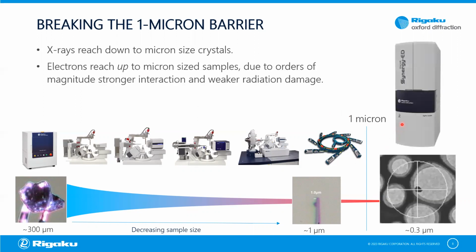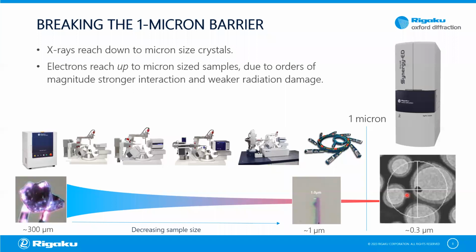Electron diffraction, on the other hand, has this barrier from the other side. So crystals that are larger than 1 micron, or significantly larger, essentially turn out to be sort of a beam stop for electrons, because electrons interact with any sort of matter up to 5 orders of magnitude more strongly than X-rays. So electrons allow to study crystals as small as this one shown here, which is around 300 nanometers across.